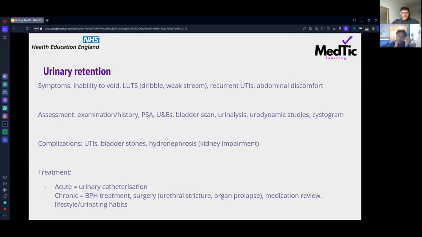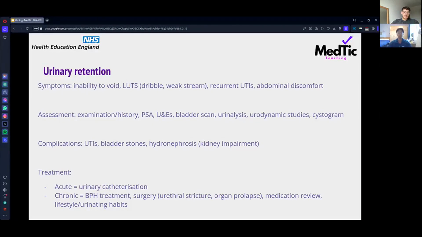In terms of the examination, there won't be any significant physical findings apart from potentially abdominal tenderness. You would do a PR exam in a guy to assess the prostate, and we come on to some of the findings you might have there a bit later on.